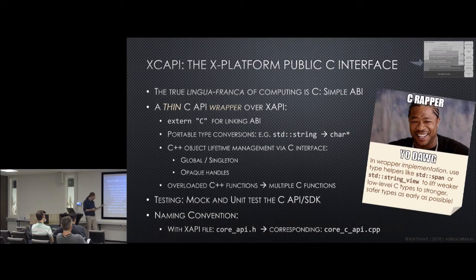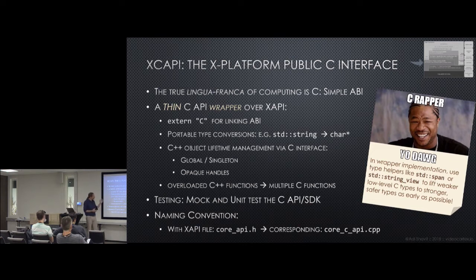Now, C++ can overload on the same function names, C can't, so we have to start changing function names. Again, with regards to testing, we can mock and unit test the C API. It's generally very simple because we're not doing actual functionality testing. It's just making sure the API performs the way we want it to.